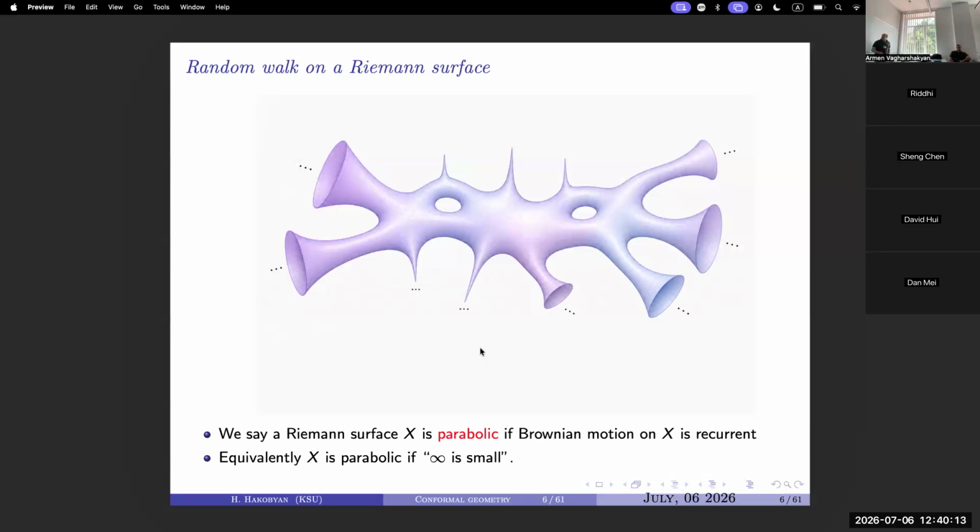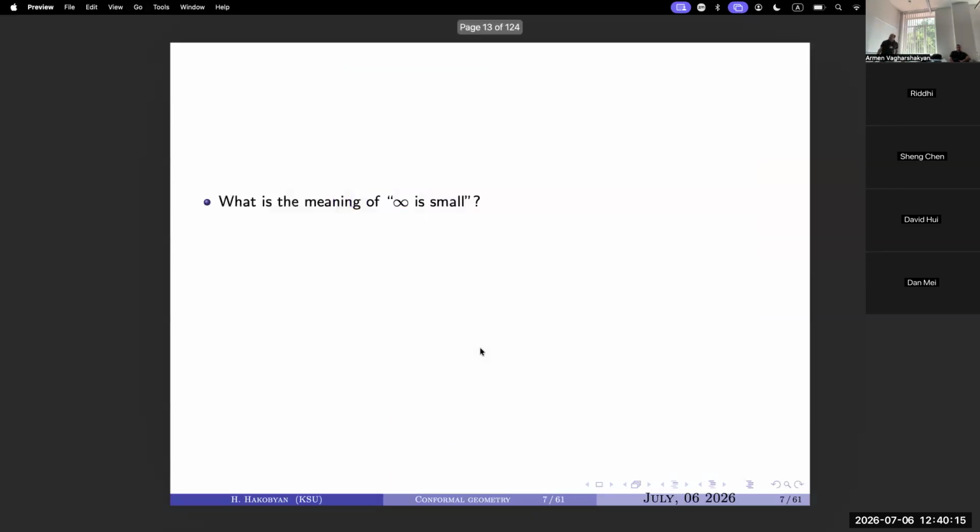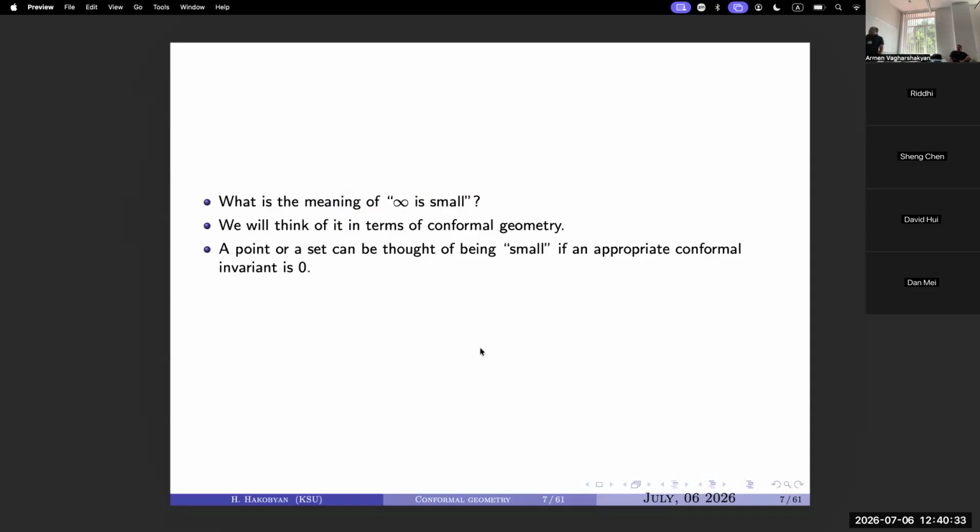Now let's go to a little bit of complex analysis. What is the meaning of a point, in this particular case infinity, being small? In our talk, we're going to talk in terms of conformal geometry. What does that mean? We're going to define a conformal invariant.